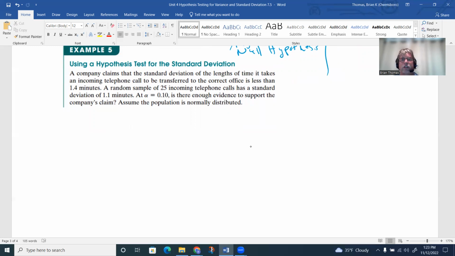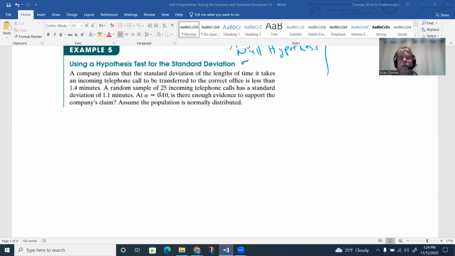So remember, standard deviation is going to be sigma. A company claims that the standard deviation of lengths of time it takes an incoming telephone call to be transferred to the correct office is less than 1.4 minutes.